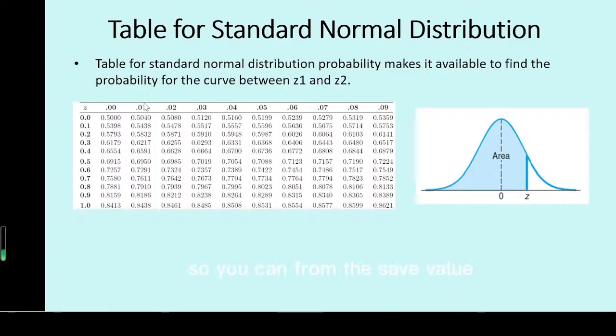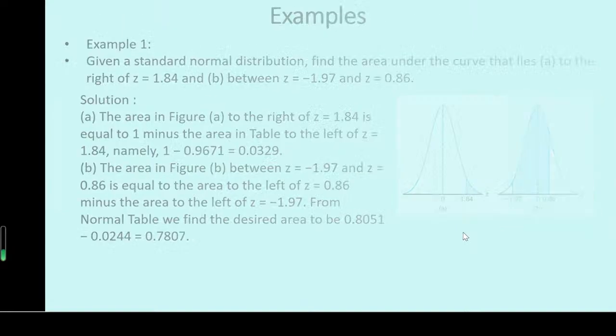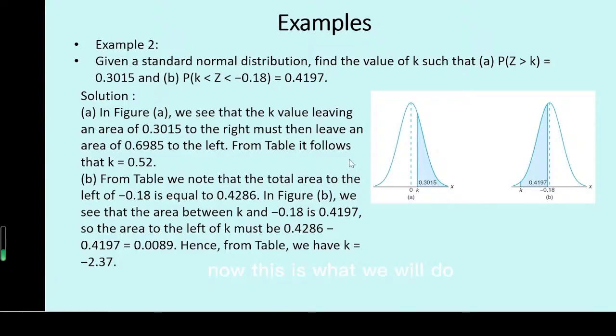You can find the cumulative probability from the z value, or you can get the z value from a given cumulative probability. This is what we do in example 2. So from 0.6985, this white area is the cumulative probability up to k, and we can find k is 0.52. This is what we want.